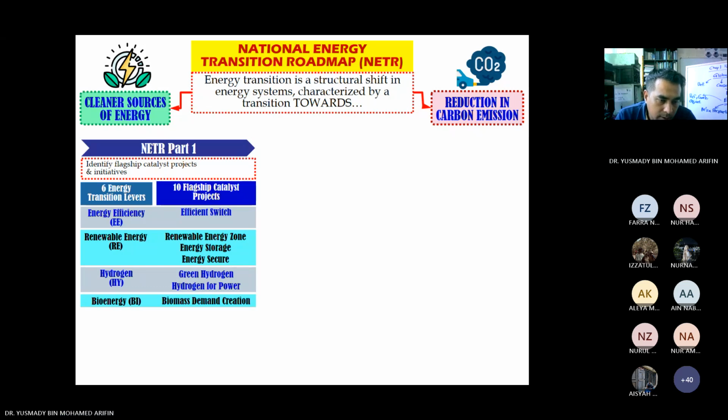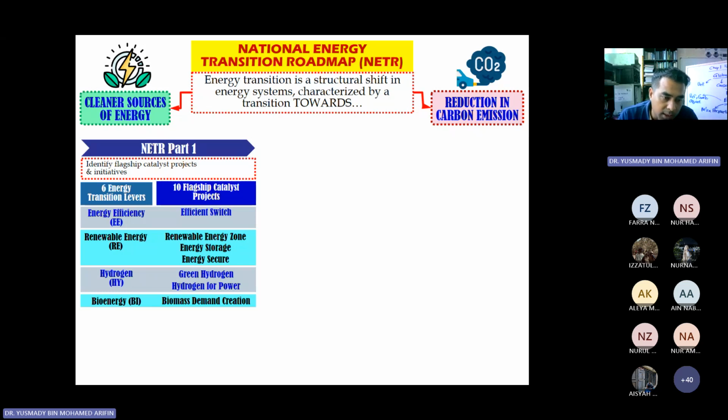Bioenergy. In terms of projects, biomass demand creation. Biomass has differences: biofuel, biomass, biodiesel and so on. Biomass refers to, for example, if you cut down trees and there are many trees and you don't know where to put them, you convert the trees into wood chips.